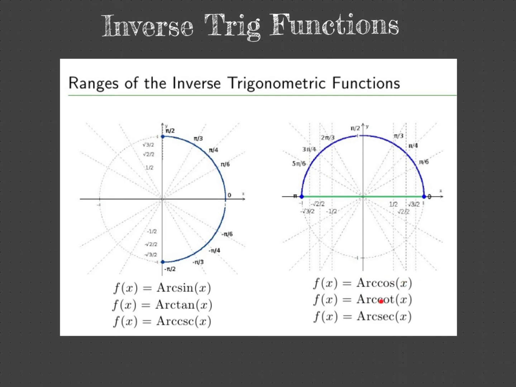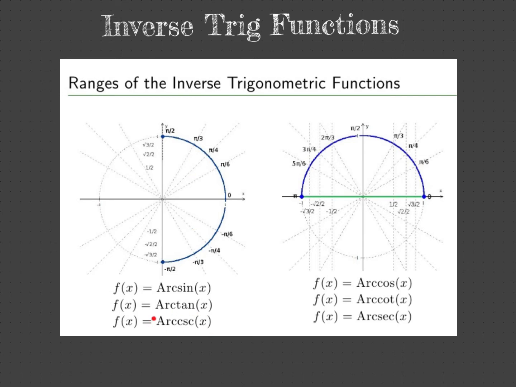We didn't talk about arccotangent and arcsecant, but it's good to know that those are there as well. Then, arcsine and arctan, we saw that their ranges, their output values, were between negative pi over 2, that's down here, and positive pi over 2, which is quadrants 1 and 4.